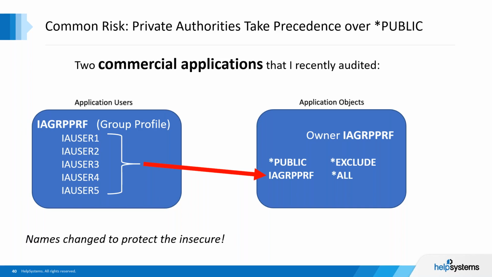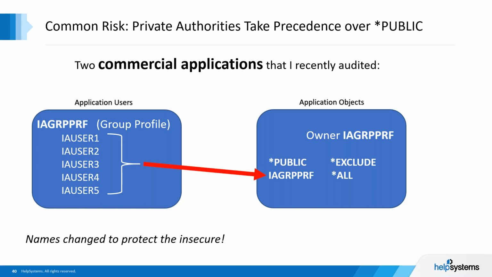They had objects that were owned by a particular profile, in this case, a group profile, and as the owner of the objects, that profile was given all permissions, and that's a private permission that is higher in hierarchy than the public permissions. The mistake that was made is that in these commercial applications, all of the users with similar requirements belonged to that profile as a group.